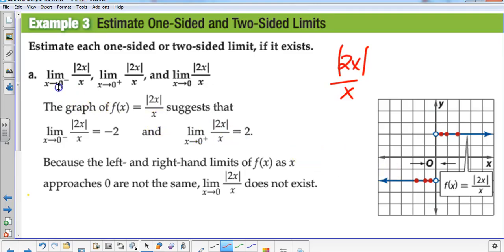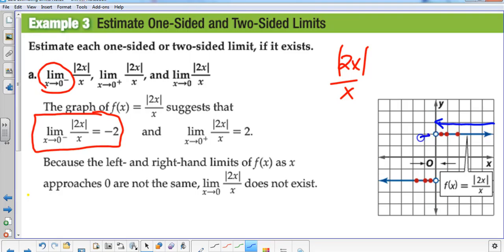Notice on the left side of 0, so as x approaches 0 from the left, what is the y value getting closer and closer to? -2. Does everybody see that? Okay, the y value is getting close to -2. So you would answer that if it asked you what the left-hand limit is, or what it's approaching from the left, you would say -2. From the right, if you're coming at 0 from the right, your x's are getting closer and closer to 0.